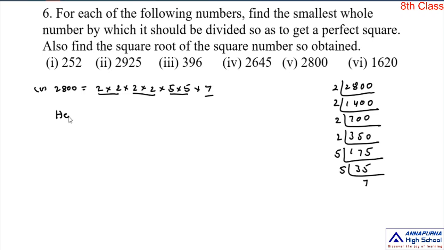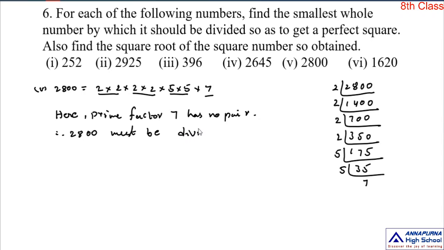Here prime factor 7 has no pair. Therefore, this 2800 must be divided by 7 to make it a perfect square.